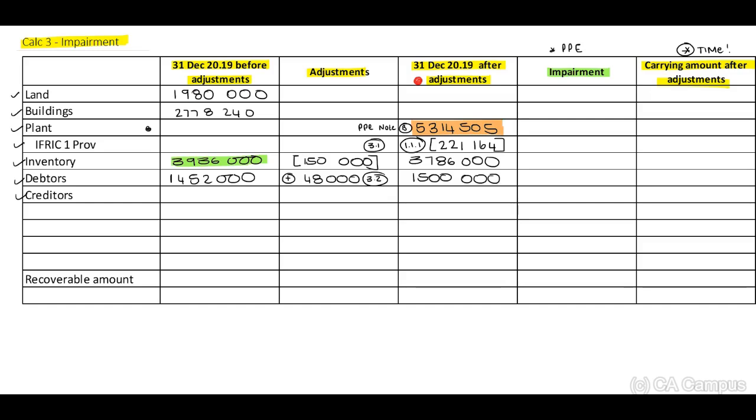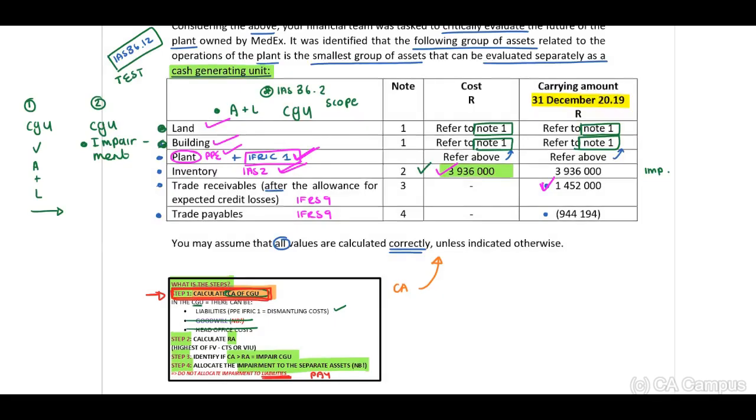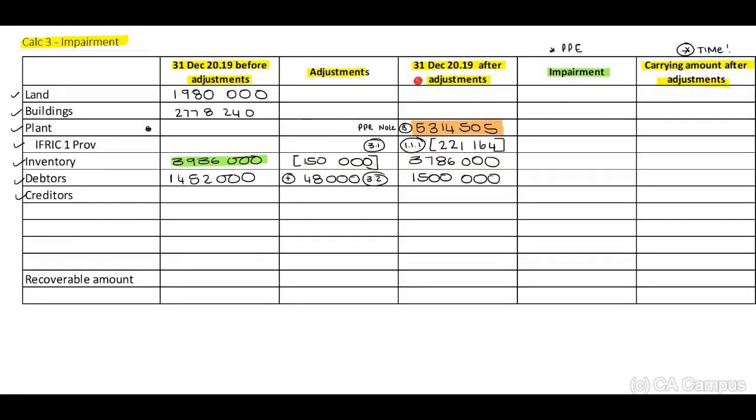And then the creditors, when we refer to the scenario, we can transfer the creditors and this is 944,194. And let's transfer this. We have our creditors 944,194. Guys, do you see?